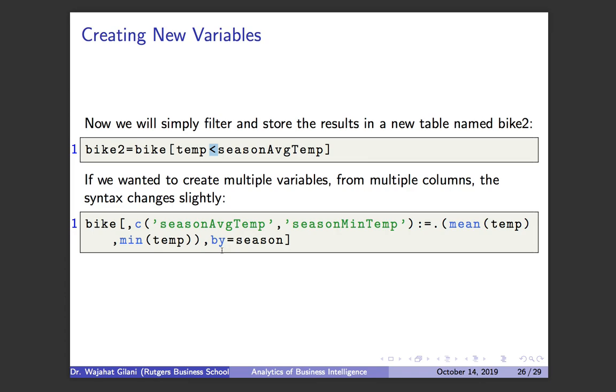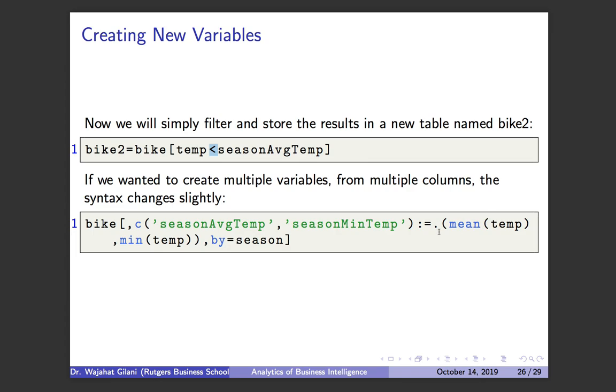Okay, in this particular example right here, I showed you guys how to create a new column. But let's say you wanted to create multiple columns at once. Now here is one of the few situations where R gets a little loopy. It's not as consistent.